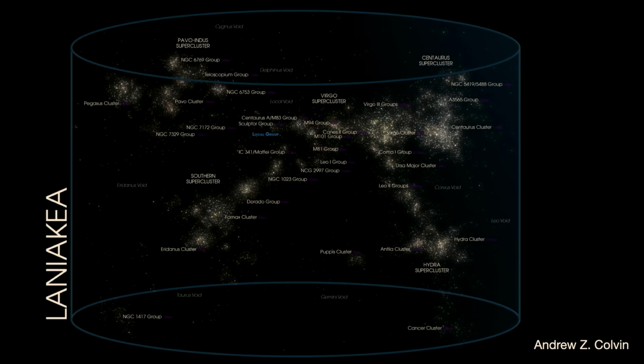But this structure itself that we are part of comprises something like 100,000 galaxies stretched out over something like 500 million light years. Contained within this are something like 10 to the power of 17 times the mass of our sun, 100,000 times the mass of our galaxy.